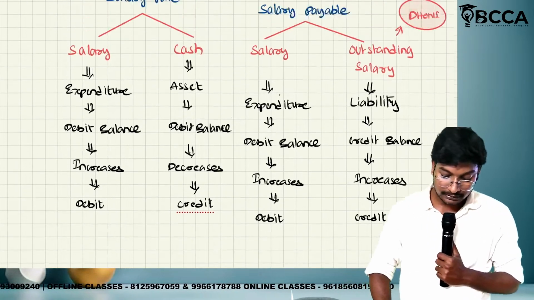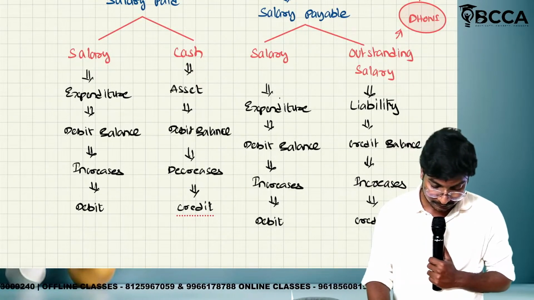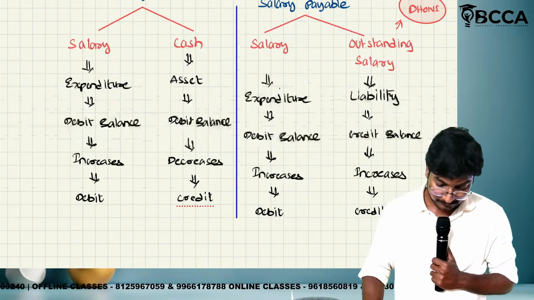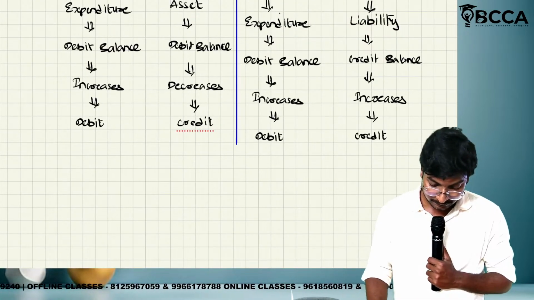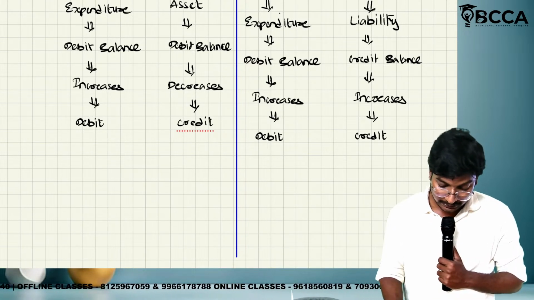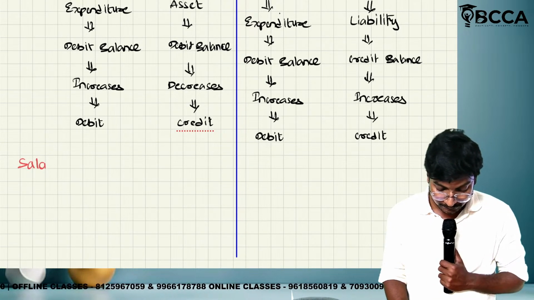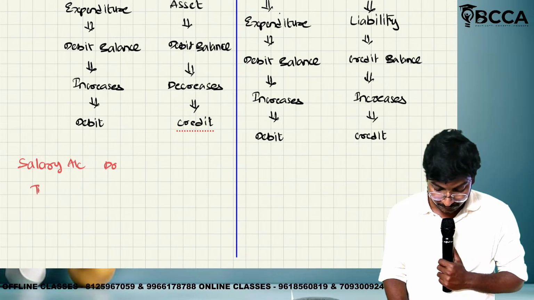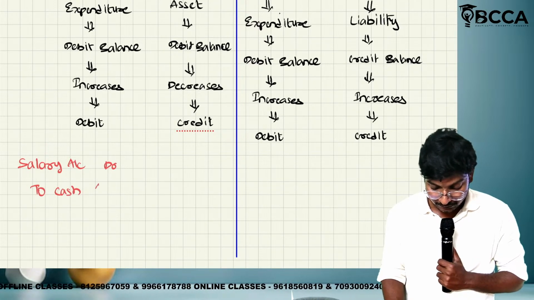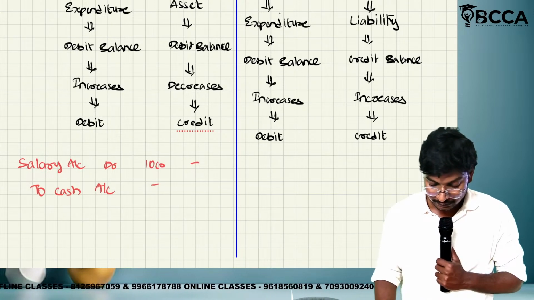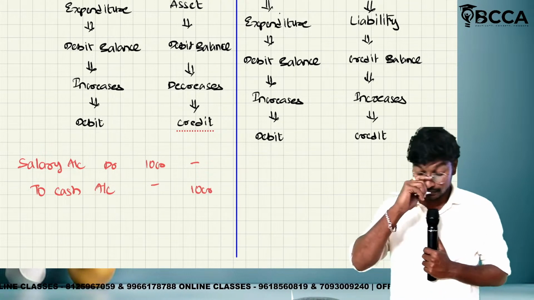Here, what is the entry we'll get? For the first part, salary account debit to cash, how much? 10 crore. What is the next part?